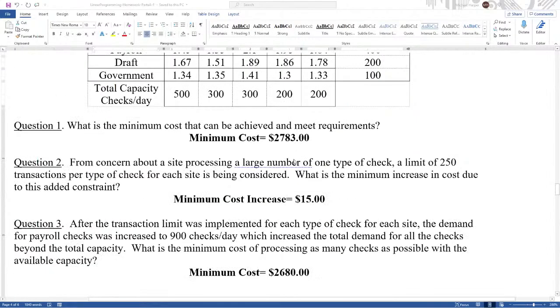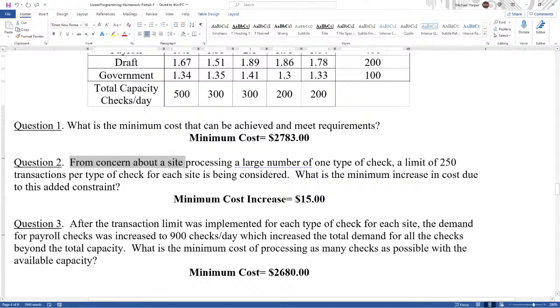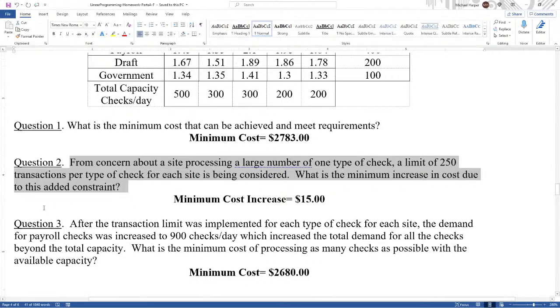Question number 2. From concern about the site processing a large number of one type of check, a limit of 250 transactions per type of check for each site is being considered. What is the minimum increase in cost due to this added constraint? We're assuming it's an increase.